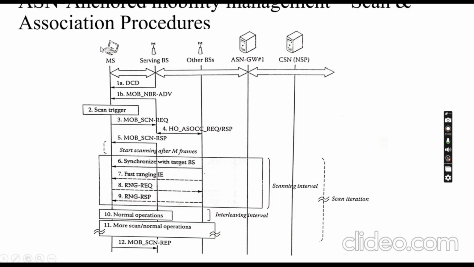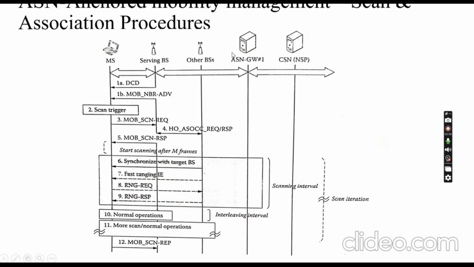Consider a mobile station; it may be a laptop, mobile phone, or any other wireless gadget, and a serving base station currently connected to it. If the mobile station moves to some other place, it has to be connected to other base stations. That is called handover. Handover generally means moving the call from one base station to another. That is called handover, if both the base stations are connected to a common gateway.